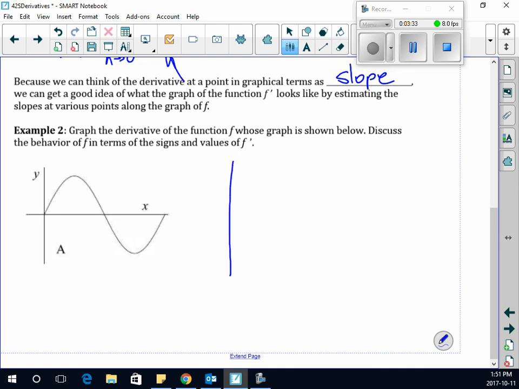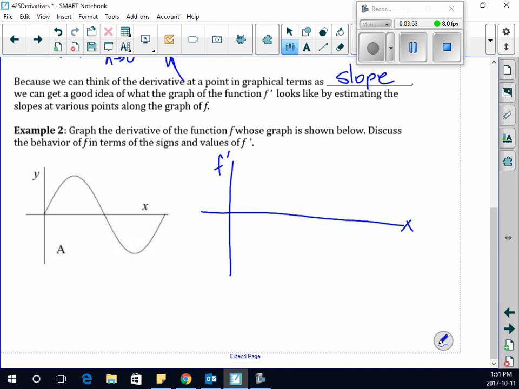So what we're going to graph here is f prime, and this is our x. At 0, 0, remember, we're not graphing 0, 0 anymore. The x is staying the same, but our y value is now what the slope is.